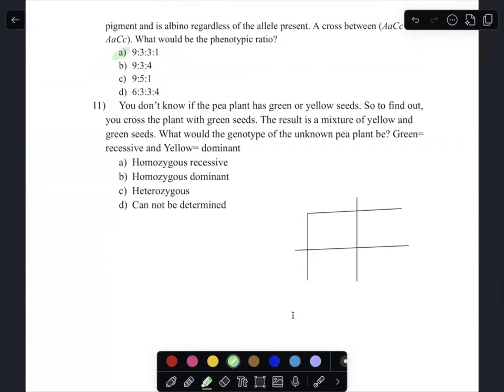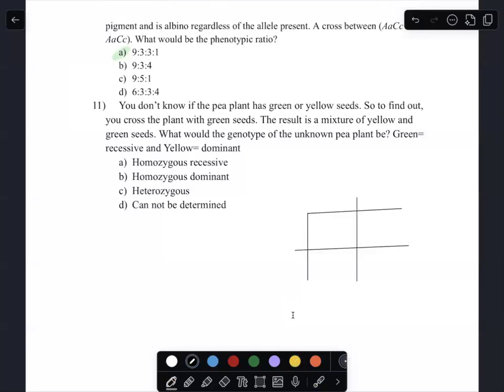Okay. You don't know if a pea plant has green or yellow seeds, so to find out, you cross the plant with green seeds. The result is a mixture of yellow and green seeds. What would the genotype of the unknown plant be? Green is recessive and yellow is dominant. So I'm just going to use A's again.